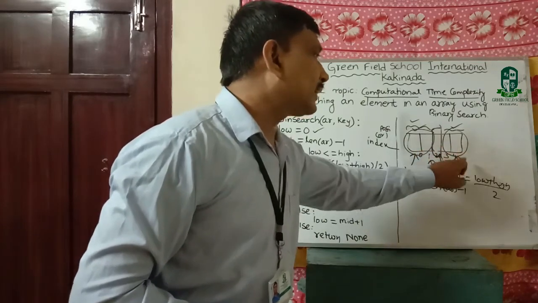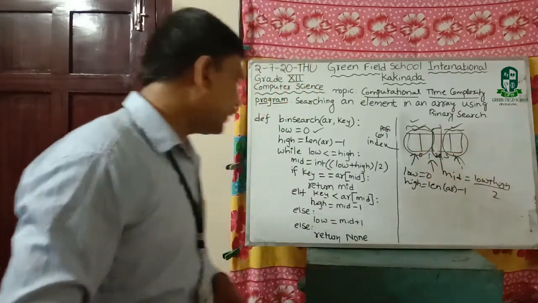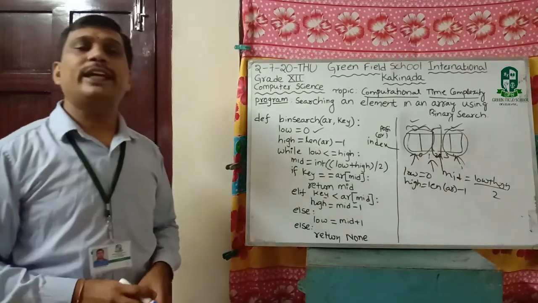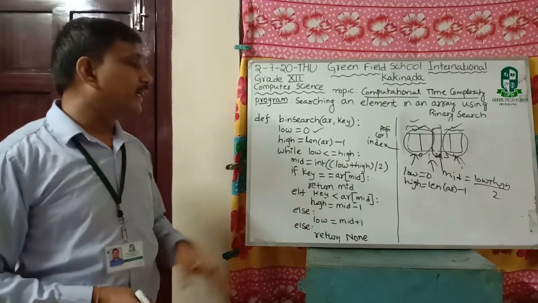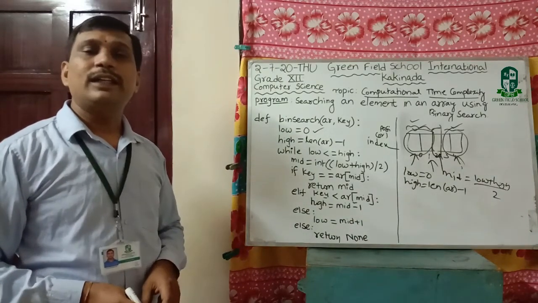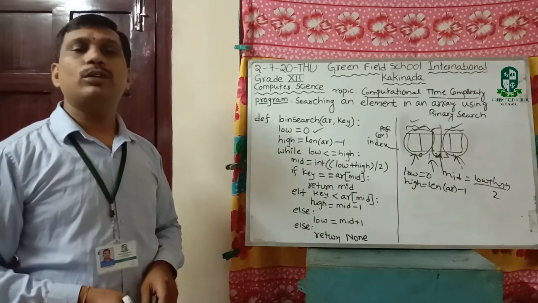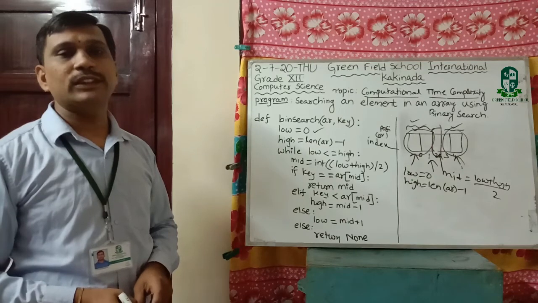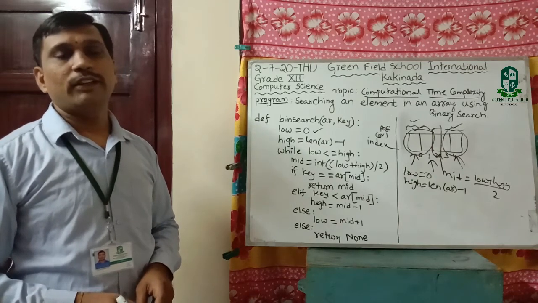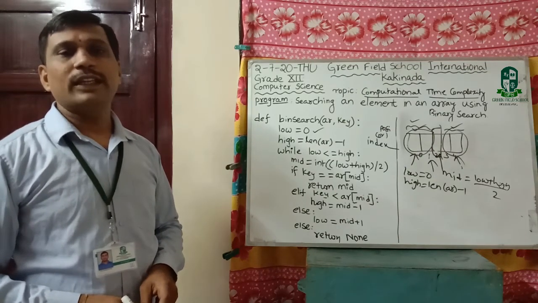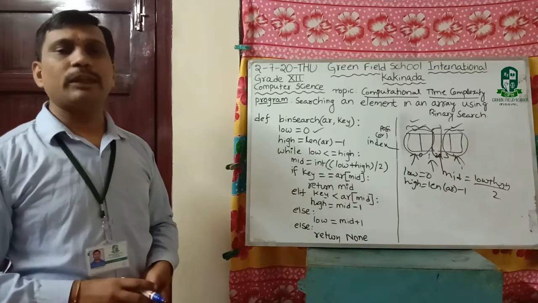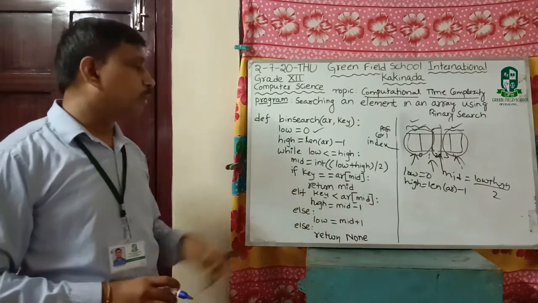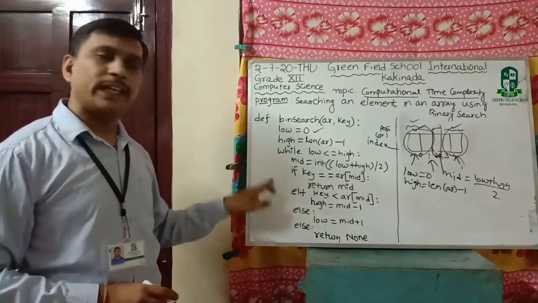In this way, every time we divide the entire given list into n by 2 parts. So here n by 2 is important. How many times? The loop repeats k times, for example.